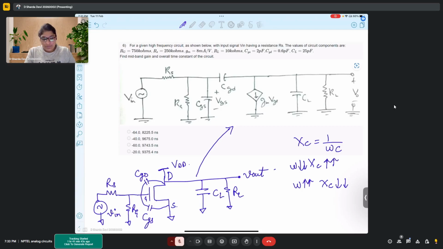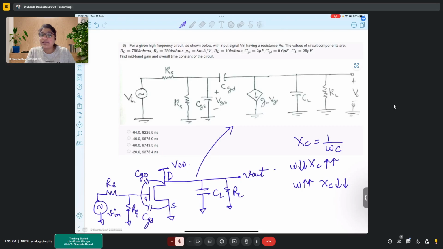I'll tell you why. When your capacitors are in parallel and you have open circuit behavior, then it is beneficial to you. But let's say your capacitor comes in series and you open circuit it there, then the current path is broken, right? You will not have any current. So that behavior also depends on how your capacitors are connected, whether in parallel or in series.